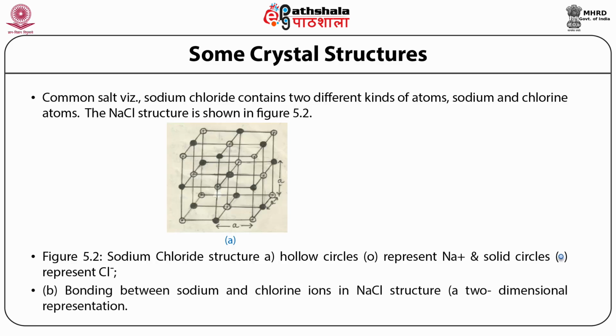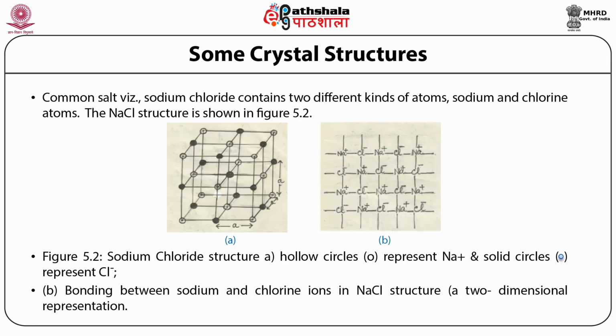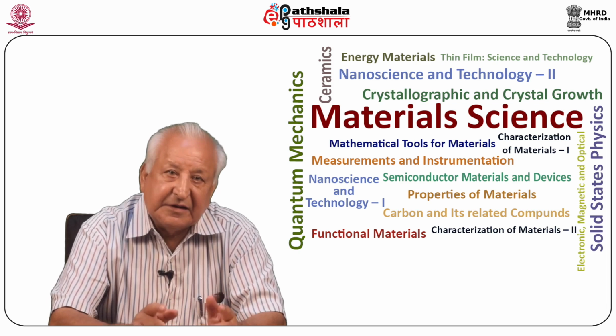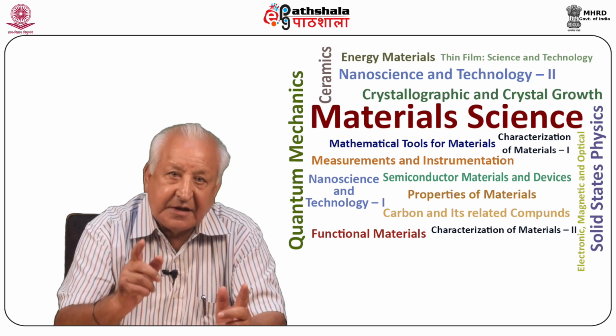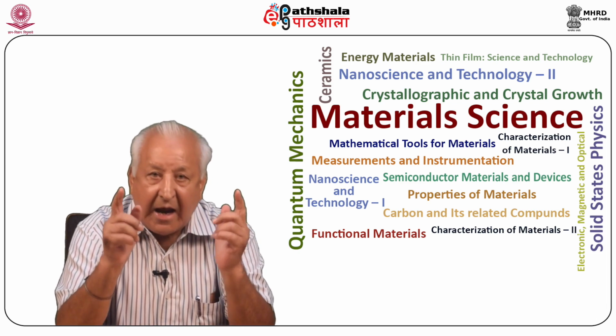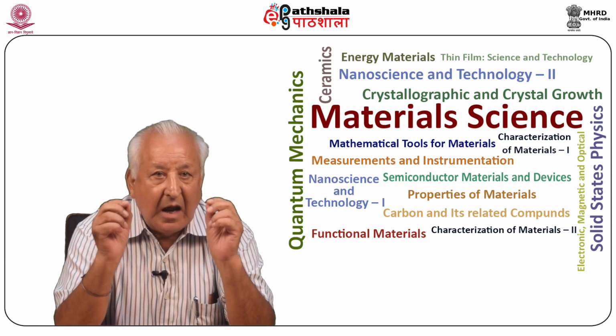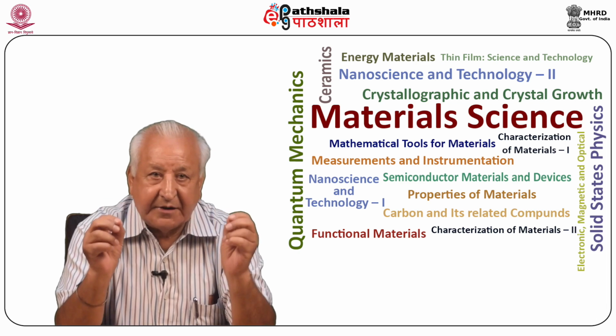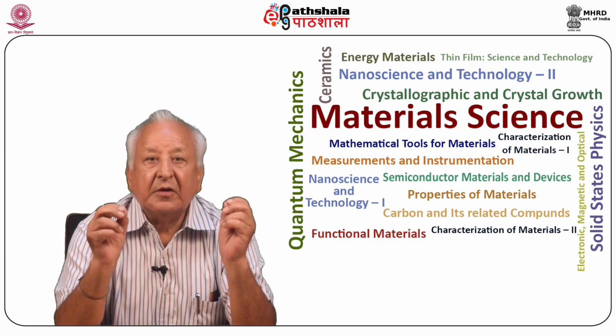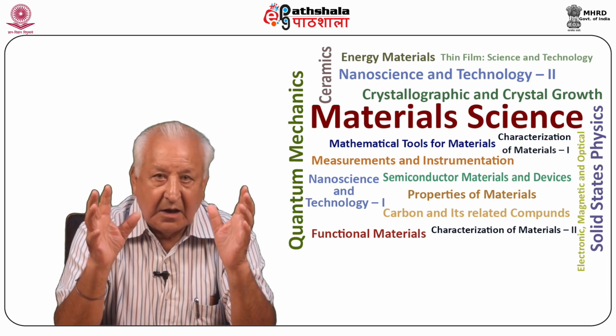The bonding between sodium and chlorine ions in the NaCl structure, which is a two-dimensional representation as shown in figure 5.2b, is given here. This structure has alternating Na and Cl atoms at the lattice points of a simple cubic lattice.